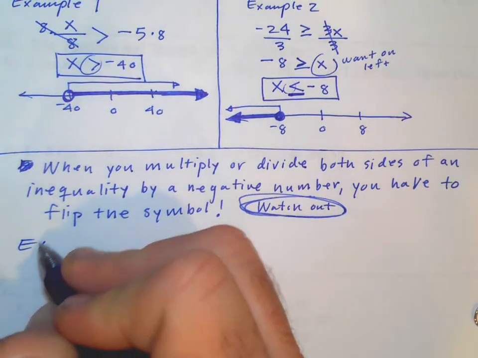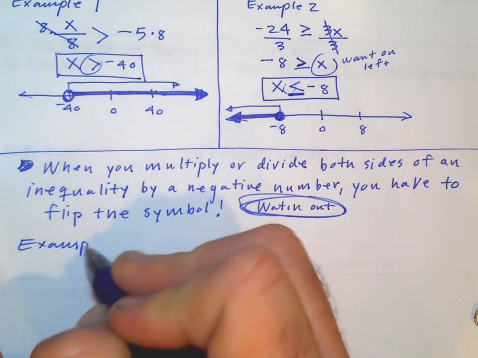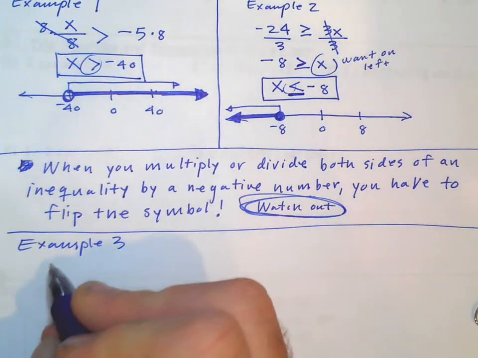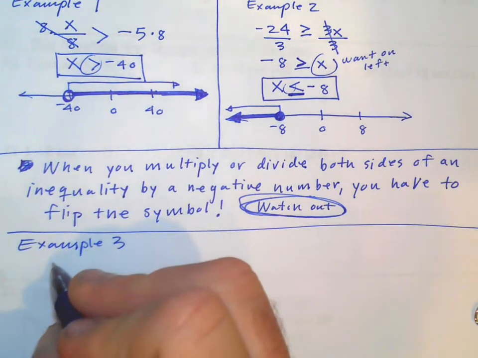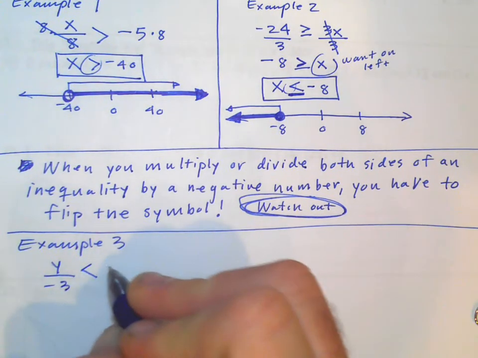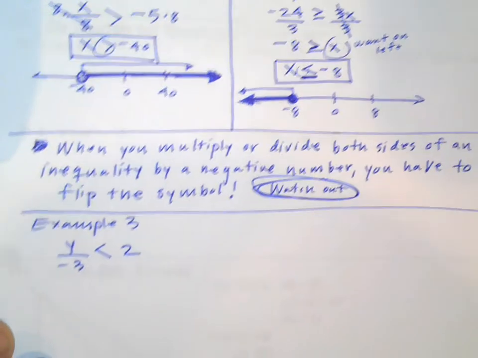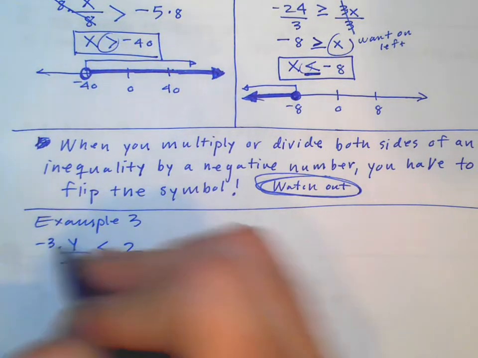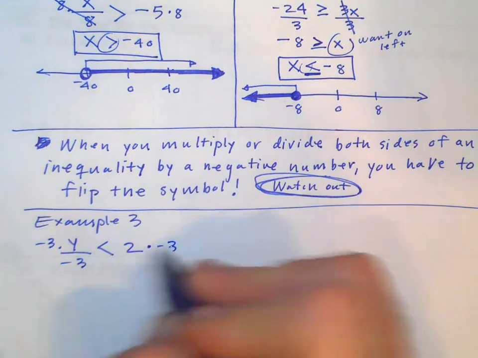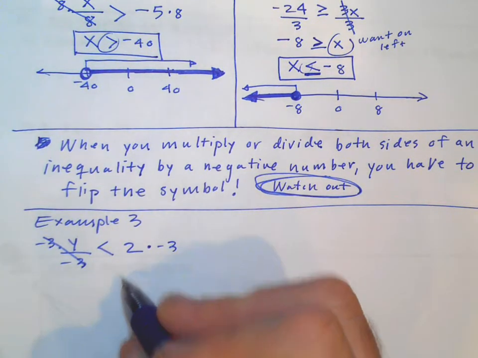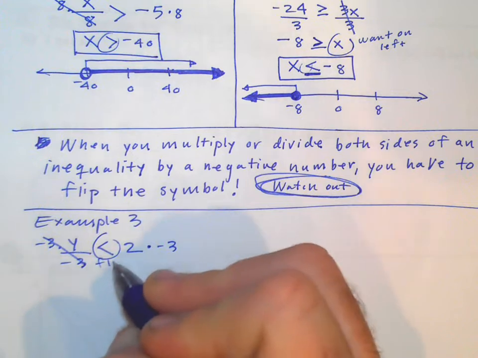So, example 3. We're going to do y over negative 3 is less than 2. So to get y by itself, we need to multiply by negative 3. But because we just multiplied both sides by a negative, you have to flip the inequality symbol.